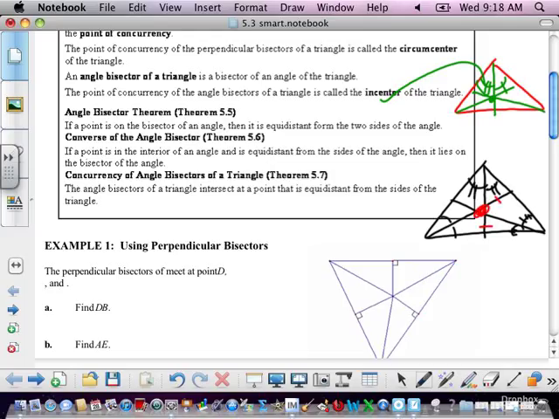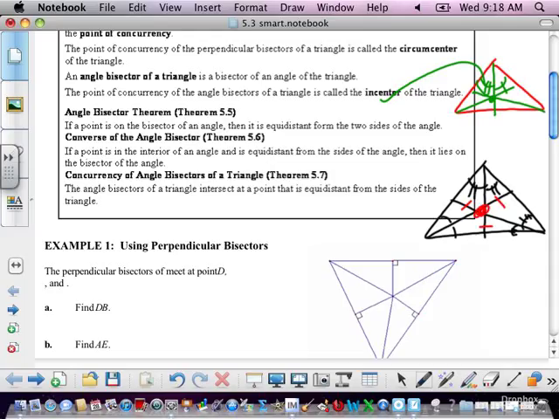That means these lines here are all the same length. So for perpendicular bisectors, the circumcenter, the point of concurrency for perpendicular bisectors, is equidistant from the vertices. The incenter is equidistant from the sides.